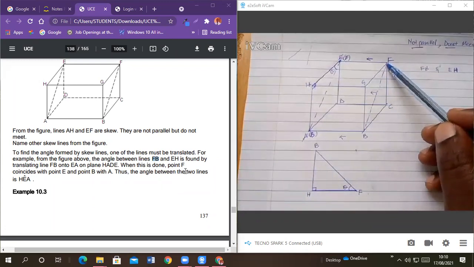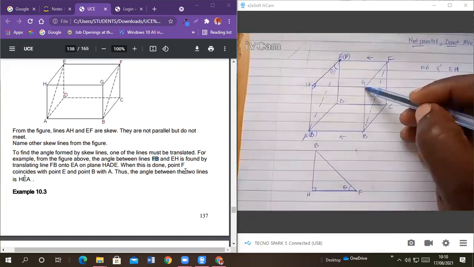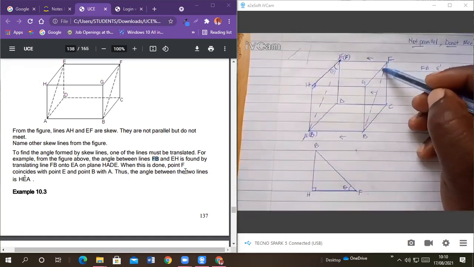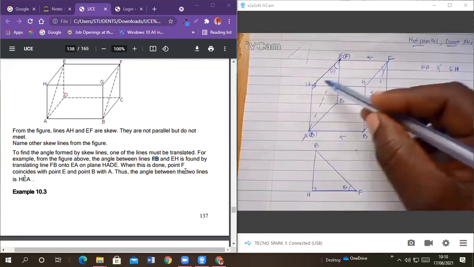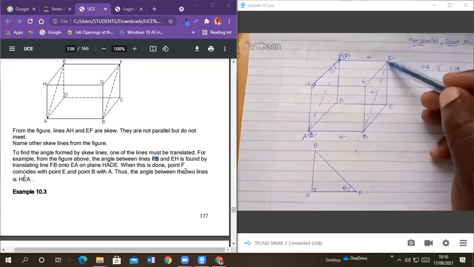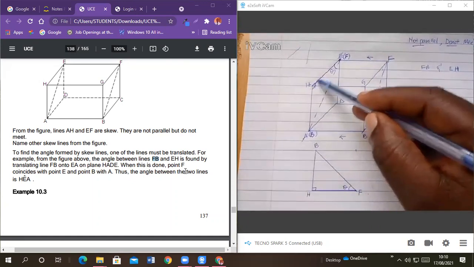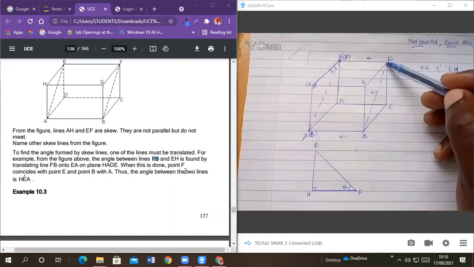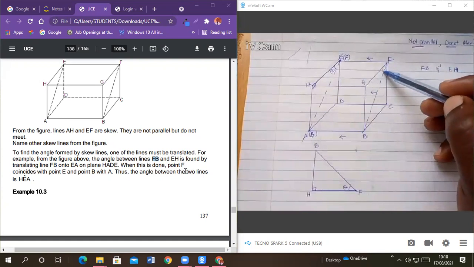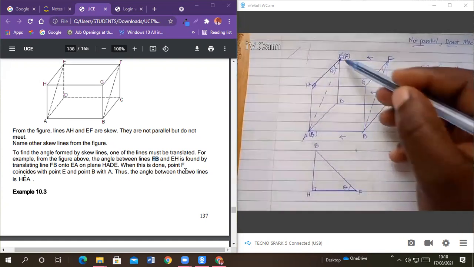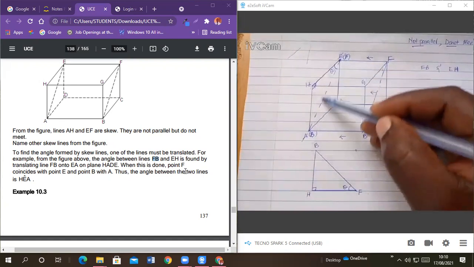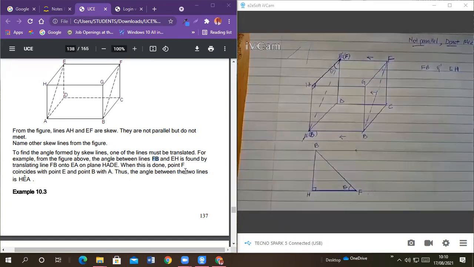The most important thing is to have the angle between this line and this line. So we can shift this here and get the angle between those two lines, or shift this here and get the angle between those two lines.